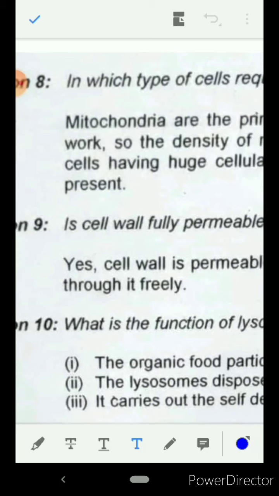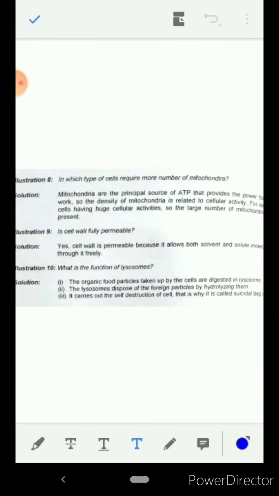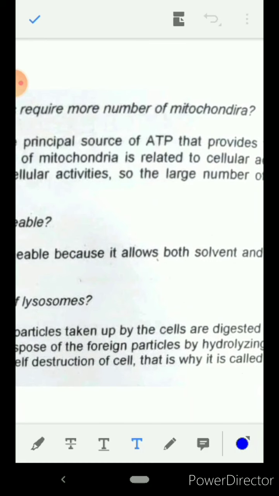Question number 8. Which type of cell requires more number of mitochondria?